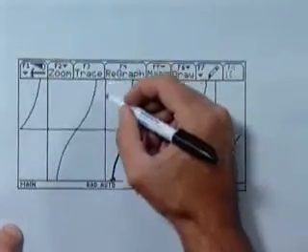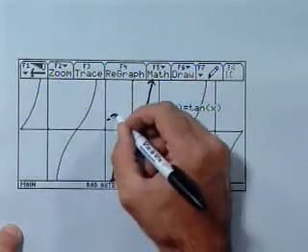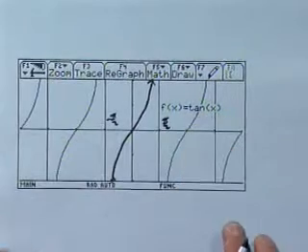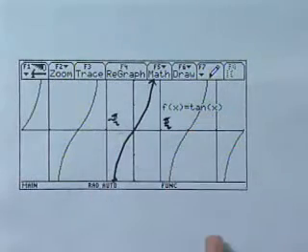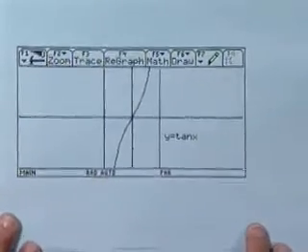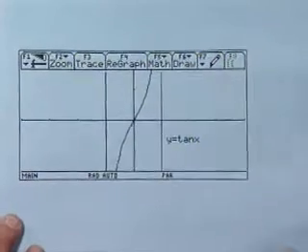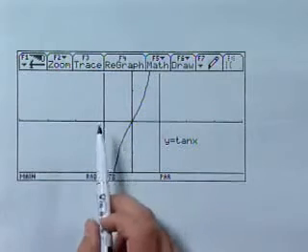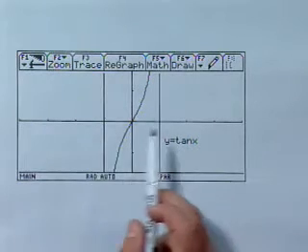Remember, these are asymptotes at negative pi halves and positive pi halves. So if I restrict the domain in between there, I get a one-to-one function. So there is my tangent function that's one-to-one. We're restricting the domain between negative pi halves and pi halves, but not including.